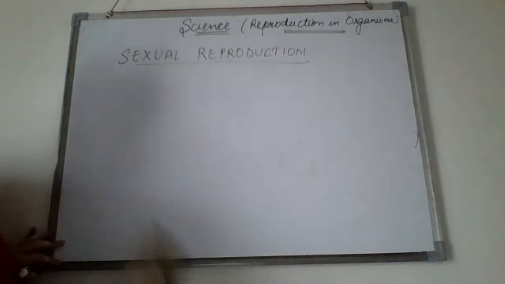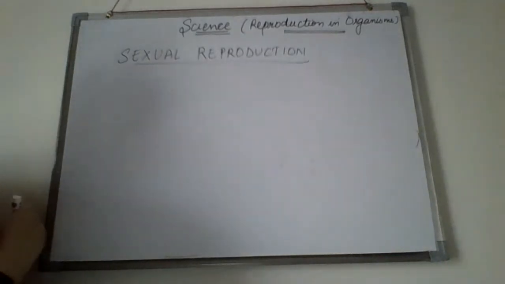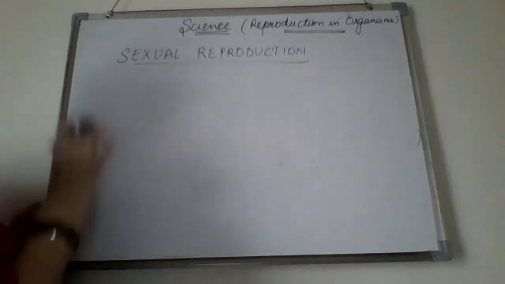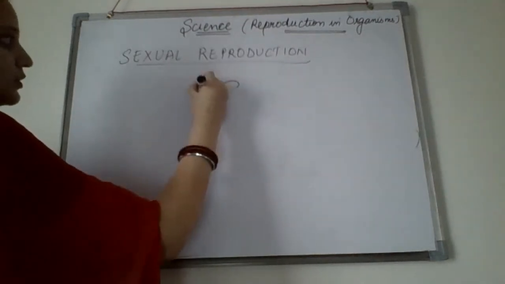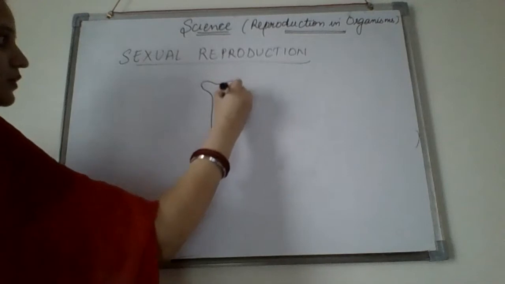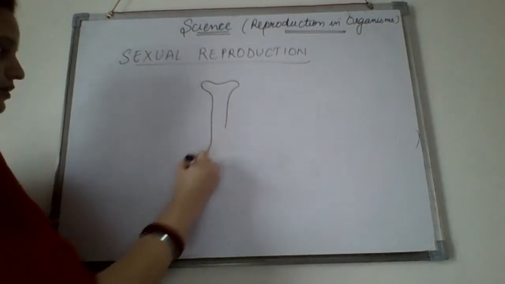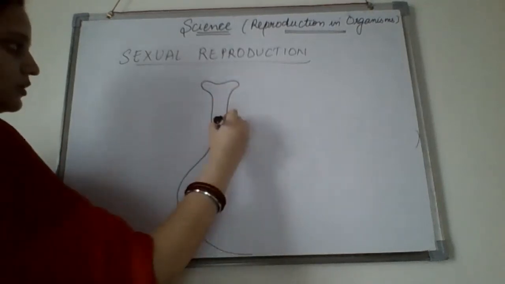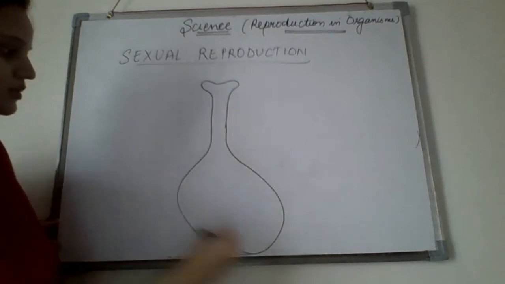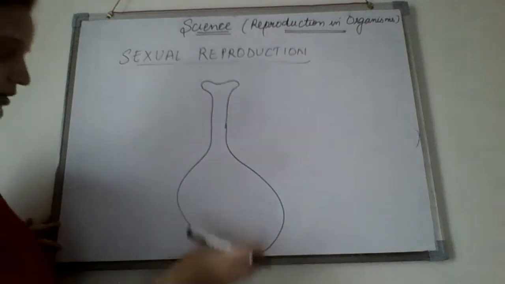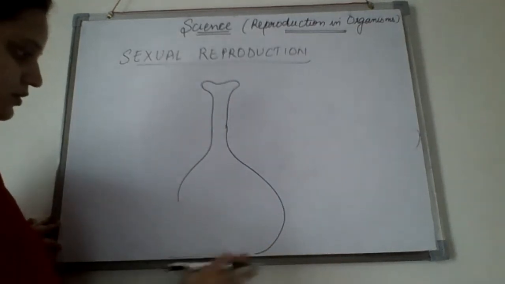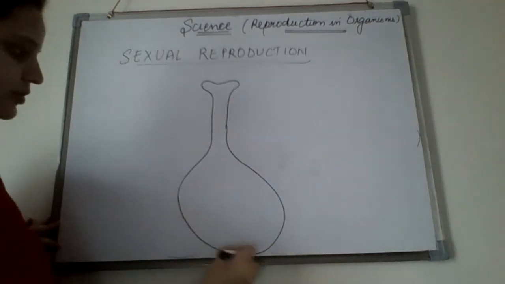So before discussing, let's draw the diagram of how sexual reproduction takes place, right? So I'm drawing the pistil, the female reproductive part.